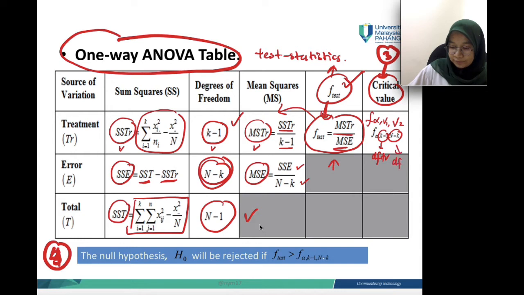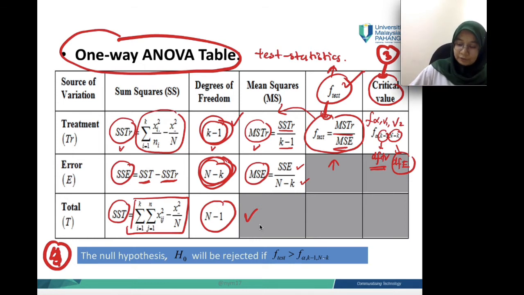So take note of that. For the critical value, step number 3 in ANOVA, F alpha Nu1, Nu2, where your Nu1 is degree of freedom treatment and your Nu2 is degree of freedom error. What is capital N? Capital N is the total number of data.